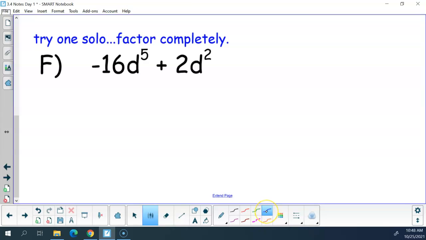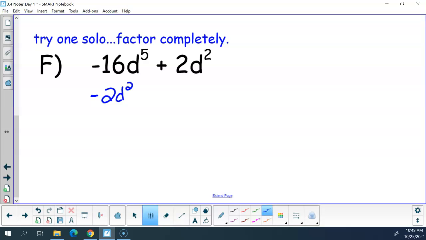So what is the greatest common factor between those two? 2d squared. So instead of factoring out a 2d squared, I'm going to factor out negative 2d squared.